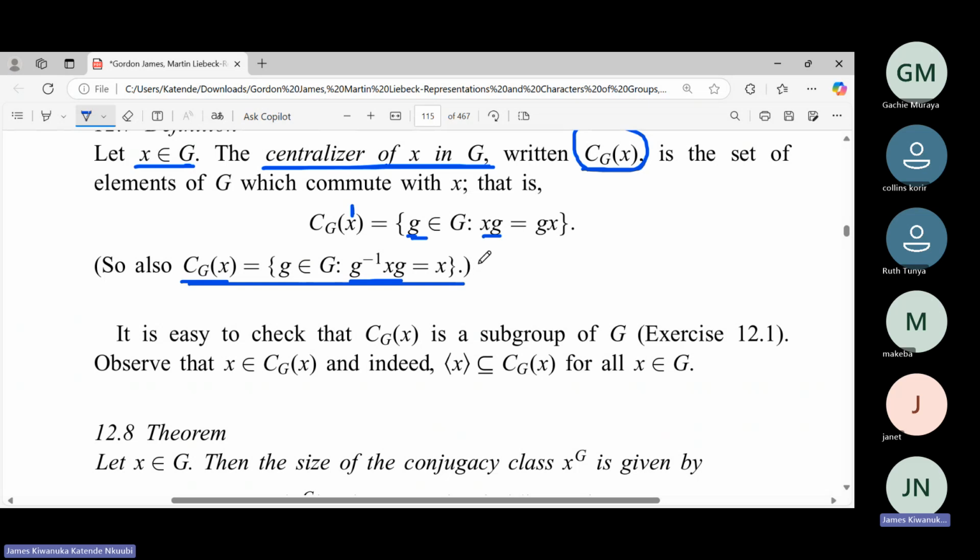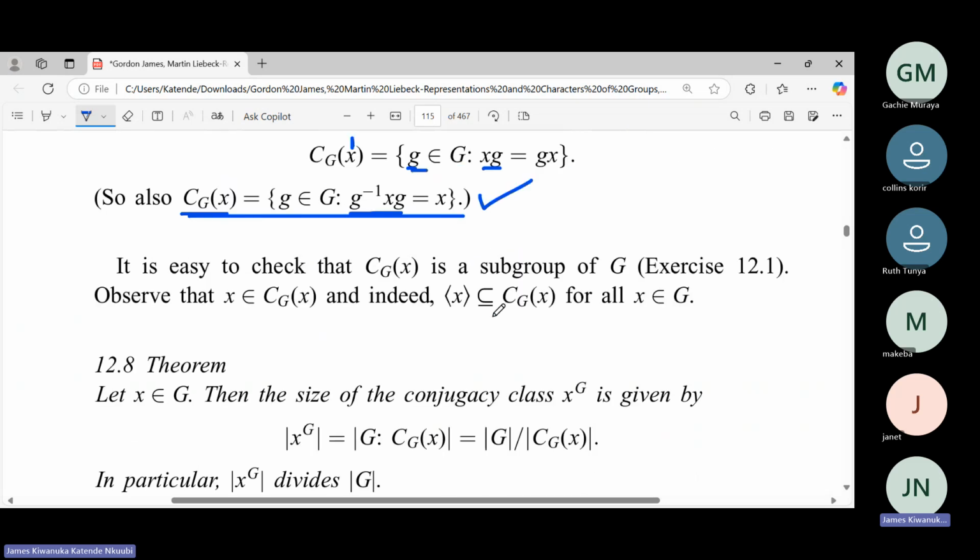I think that's clear enough. It is easy to check that this is a subgroup. So as an exercise, try to check that the centralizer of an element is a subgroup. So don't forget to do this exercise.